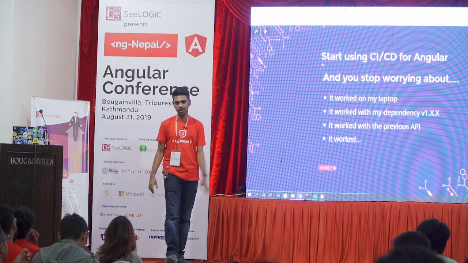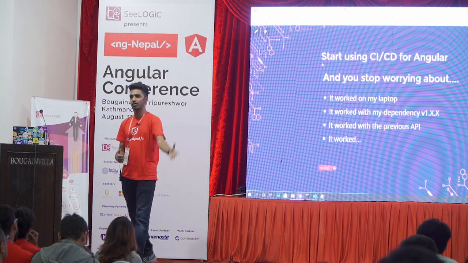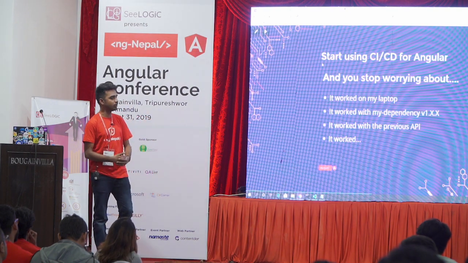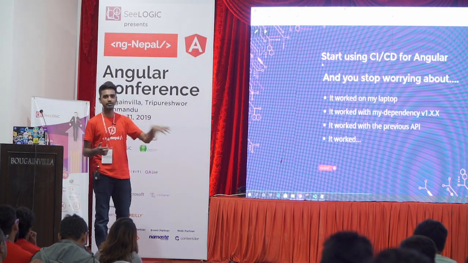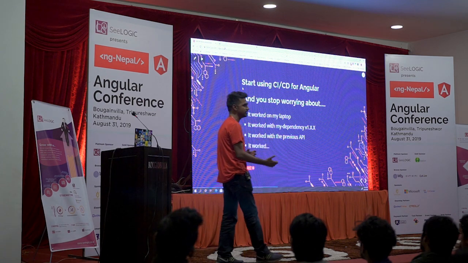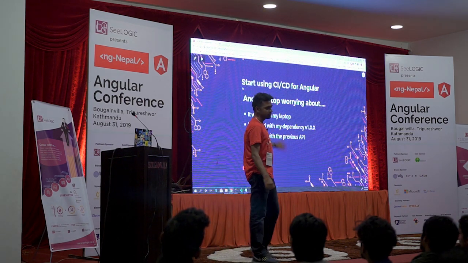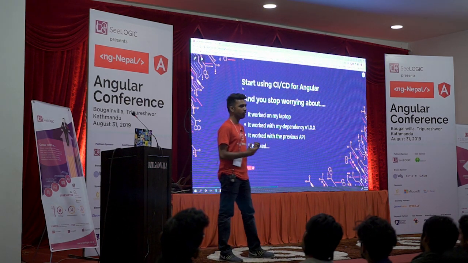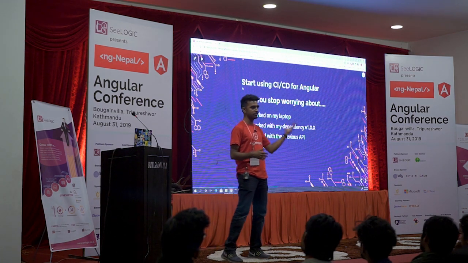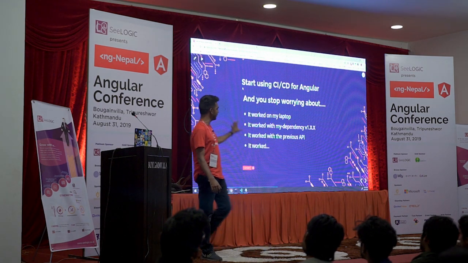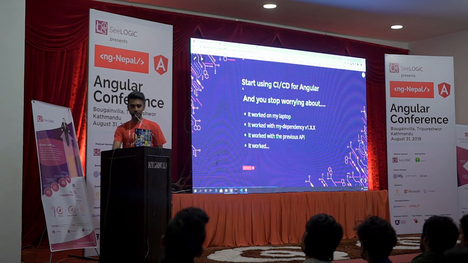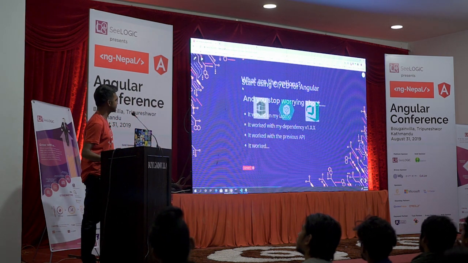So you stop worrying about it worked on my laptop but not on production, and you stop worrying about dependencies. It worked with this dependency and it doesn't work with this. So the API dependencies, which are common issues in general. These problems can be avoided using CI/CD pipelines.